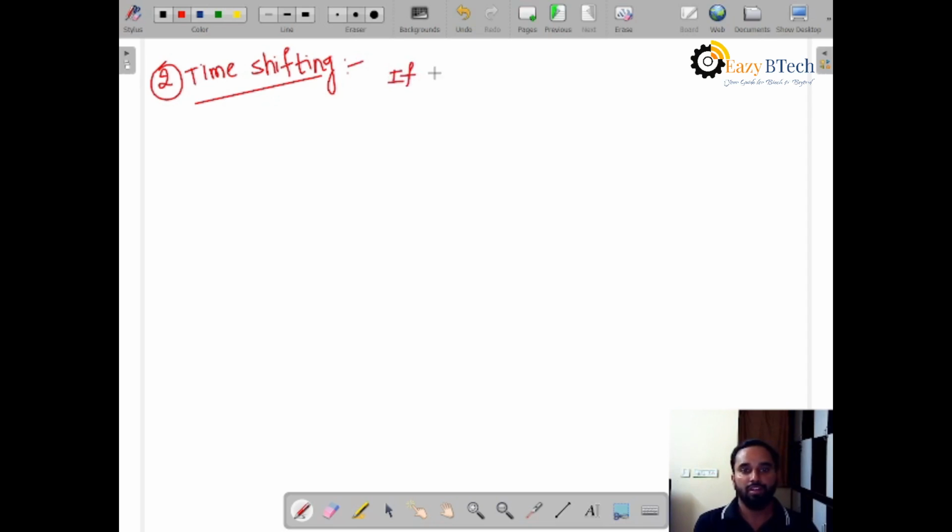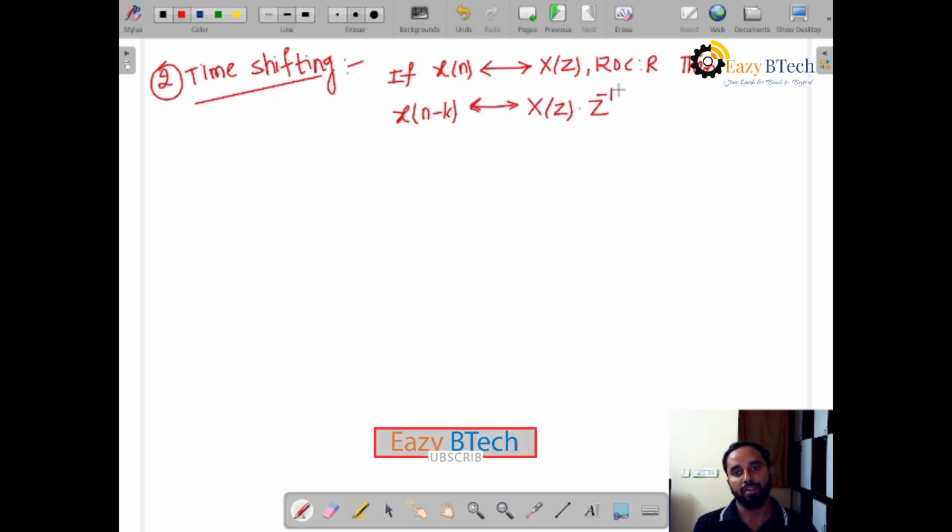If x of n Z transform is x of z with ROC R, for example, then time shifting means x of n minus k. Its Z transform is x of z into z power minus k.